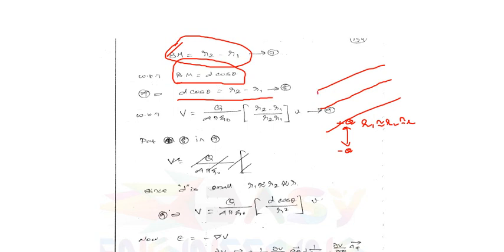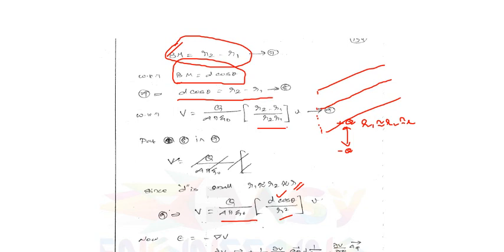Now R2 minus R1 is equal to d cos theta, which is substituted here, and R2 into R1 is equal to R square. So this equation 9 becomes V is equal to Q by 4 pi epsilon naught, d cos theta divided by R square.